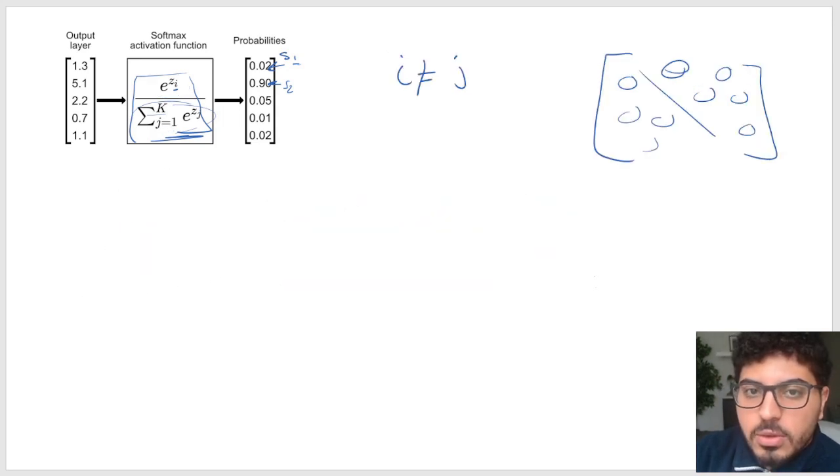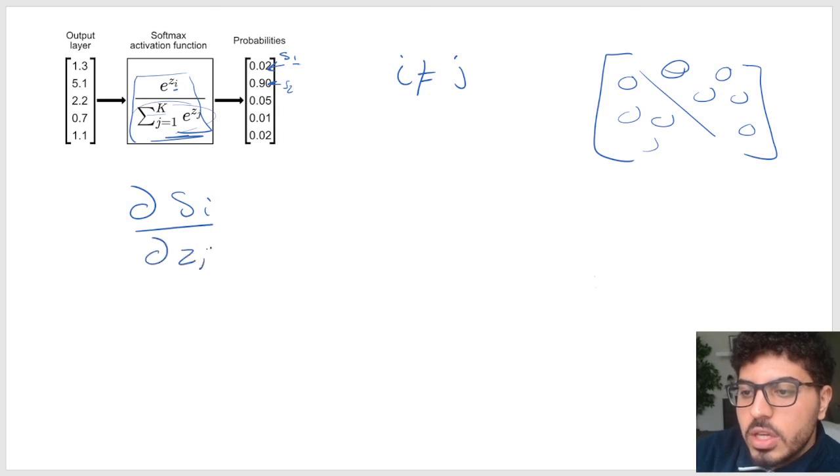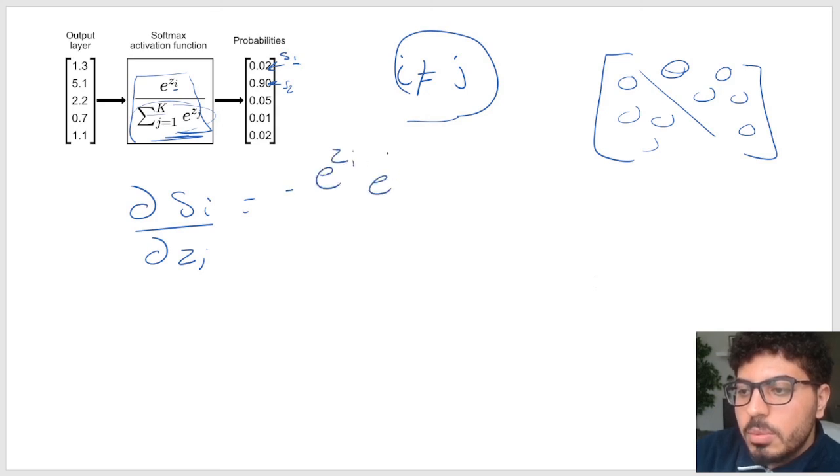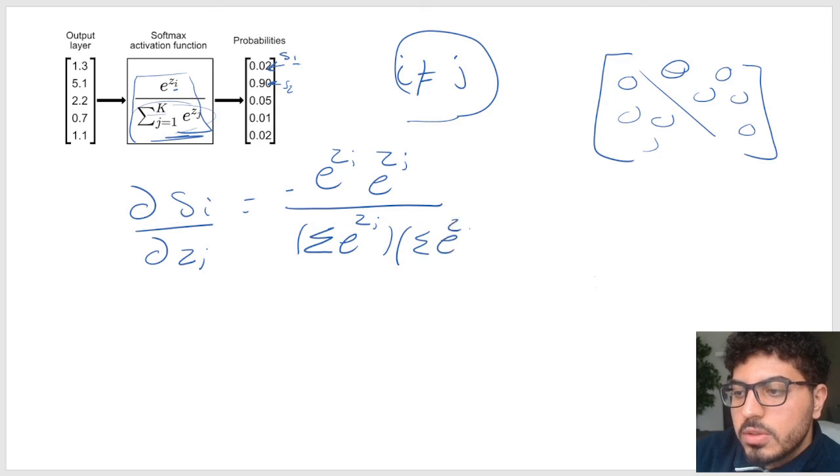So the resulting gradient, partial Si by partial Zj when i is not equal to j, is negative e power zi e power zj over the summation of e power zj multiplied by the summation of e power zj.